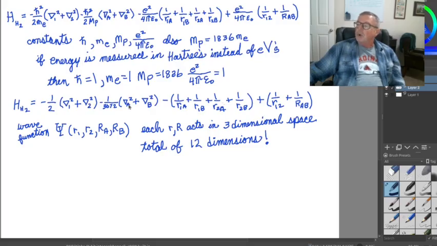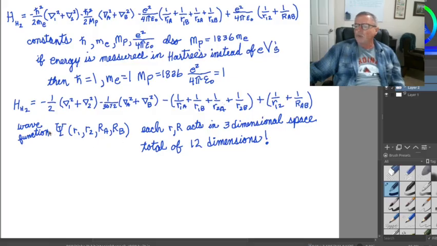These are the proton kinetic energies, as they move through space. And these are the potential energy terms. So you've got attractive potential energy and repulsion potential energy.